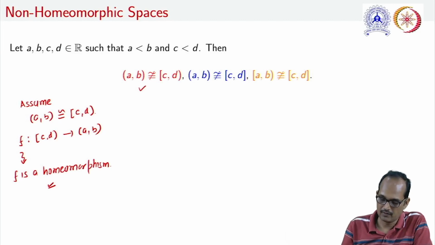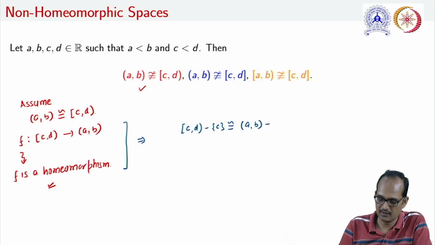Now, if this is a homeomorphism, then from the previous result we can conclude that if we remove a singleton set {c} from this interval, this should also be homeomorphic to the open interval (a, b) minus f(c).